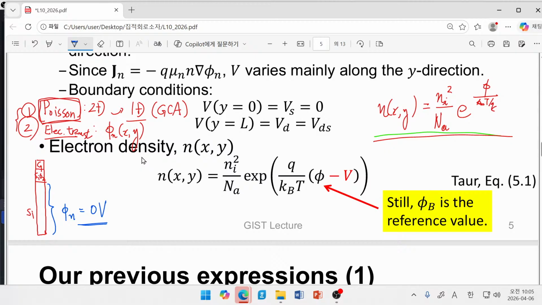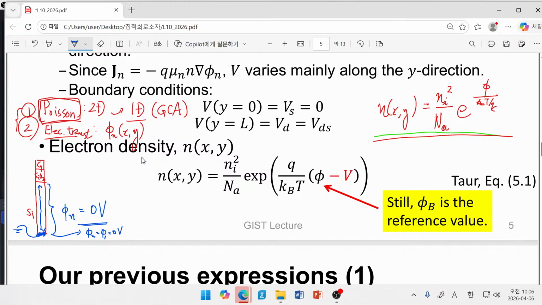The justification of this vanishing electron quasi-Fermi potential was provided by the existence of this substrate contact. The substrate contact was connected to the ground, so it dictates that at every point phi n and phi p equal 0 volt.